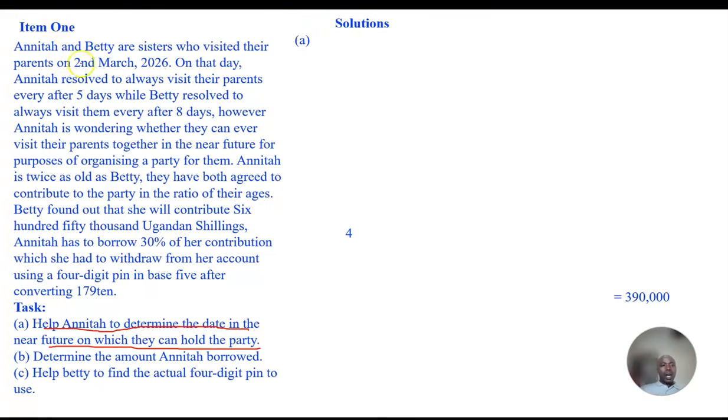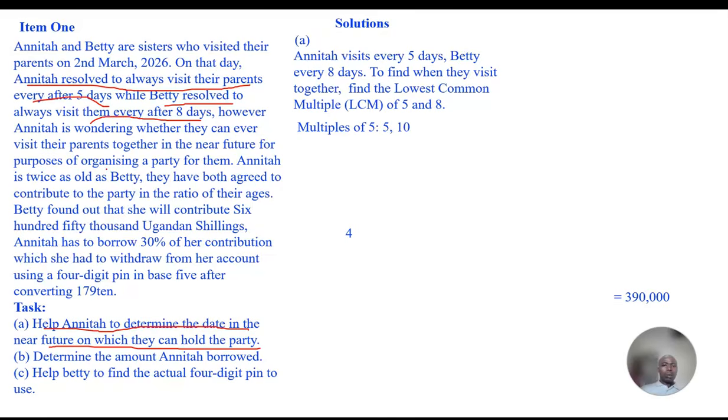Since on that day, Anita resolved to always visit every after 5 days and Betty resolved to always visit after every 8 days, it means there will be that common day when they will both visit together. And this common day is going to be obtained by using LCM. So we shall list multiples of 5 and multiples of 8, and we shall pick the lowest common multiple.